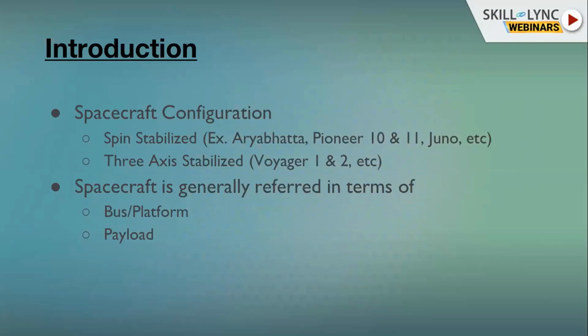Okay, so while we proceed to understand how spacecraft thermal control is done, first I would like you to understand the spacecraft configurations.